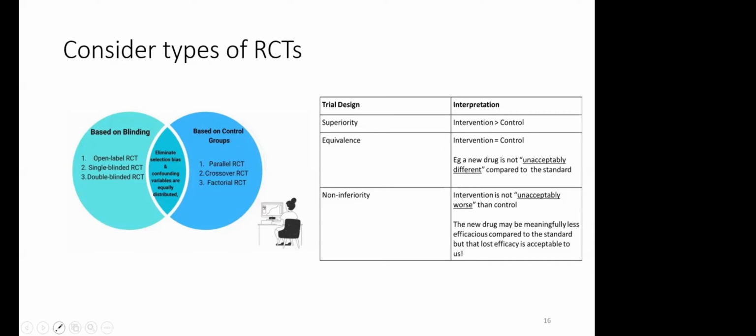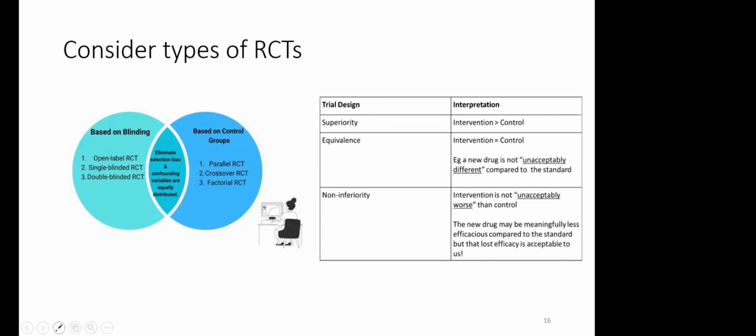Then you could also have equivalence RCTs. These are meant to show that two treatments have no meaningful difference in effect. They're essentially the same within a defined margin. For example, a generic drug working equally as well as a branded drug. Then you can also have non-inferiority RCTs.